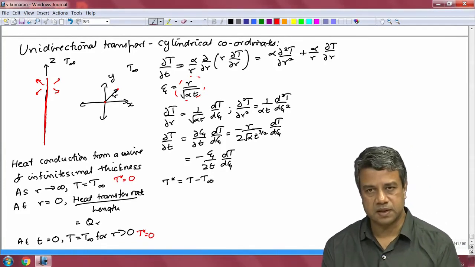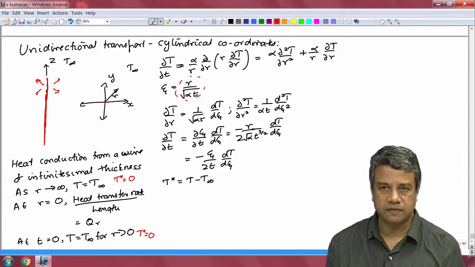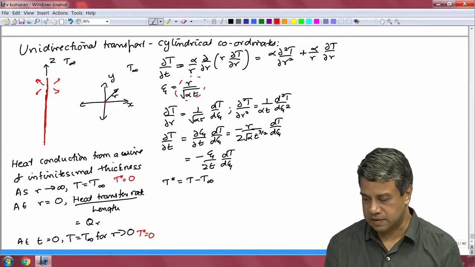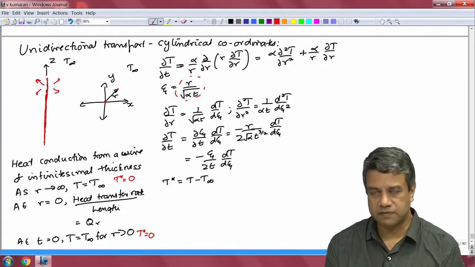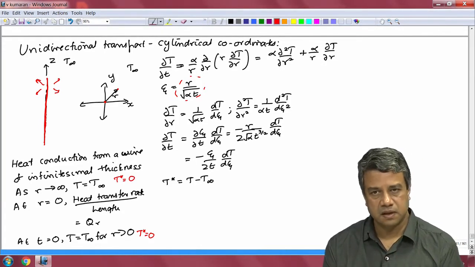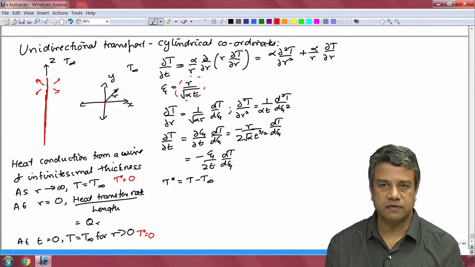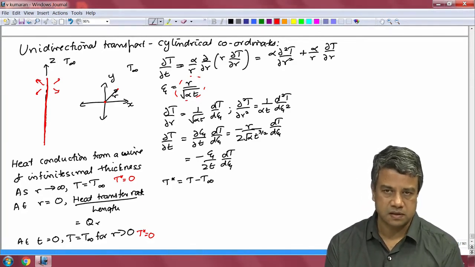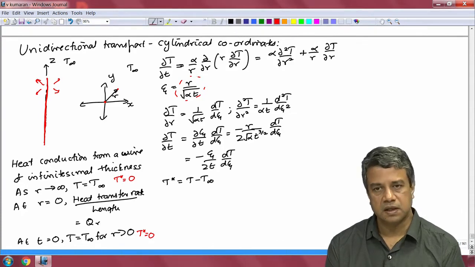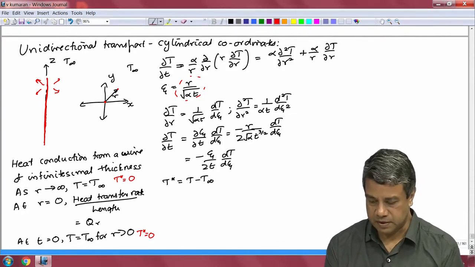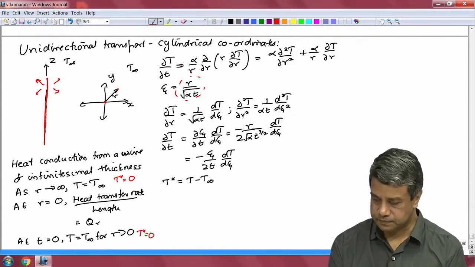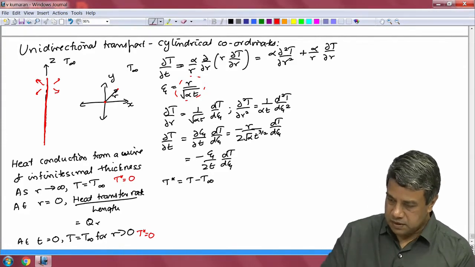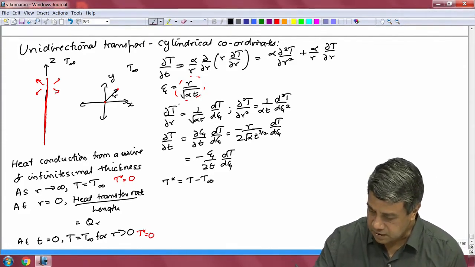So, I just subtract out the far field, the temperature at infinity from this, and I express everything in terms of T star. Since I have derivatives of temperature, the derivative of T infinity will be 0 because it is just a constant, it is not a function of position, it is the temperature far from the wire. Therefore, I can express everything in terms of T star here.